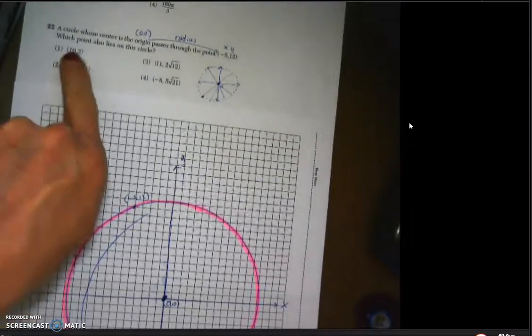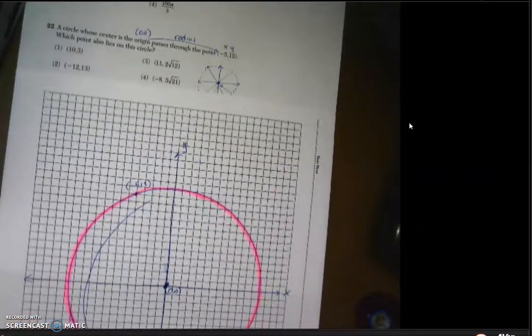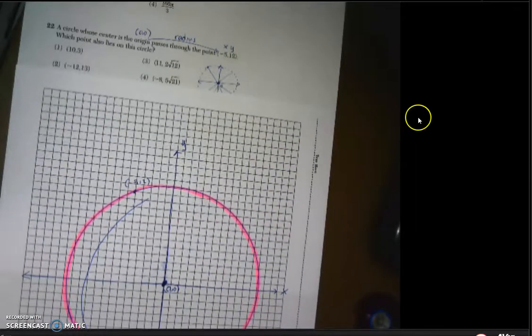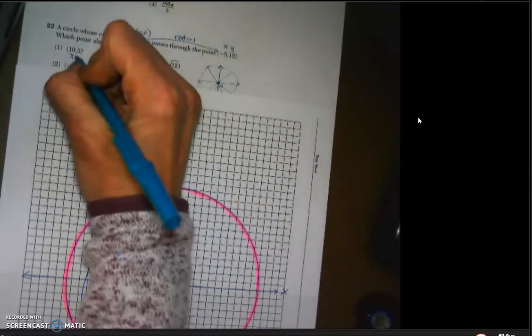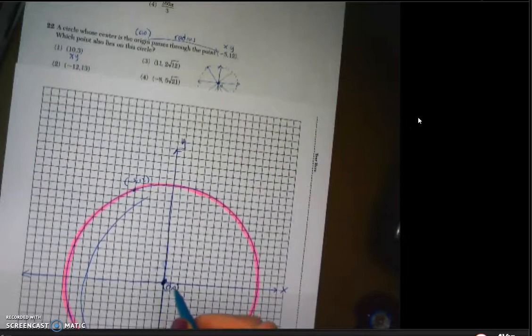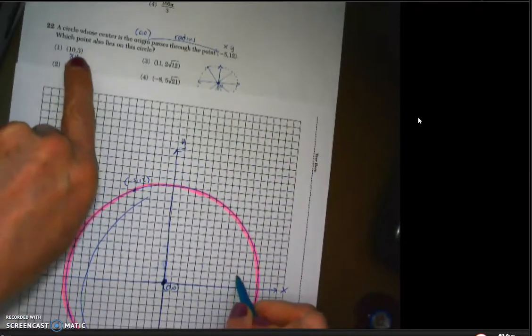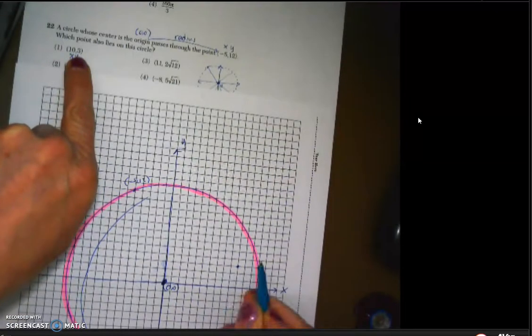So I'm going to take our answer choices and let's graph. It says which point is also on this circle. So which point is anywhere on that pink part that I drew? I'm going to take the first point at +10, 1, 2, 3, 4, 5, 6, 7, 8, 9, 10, +3 on the y, which is this point here. Clearly that is not on the circle, so it cannot be choice 1.